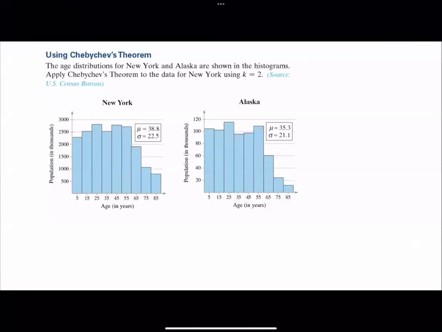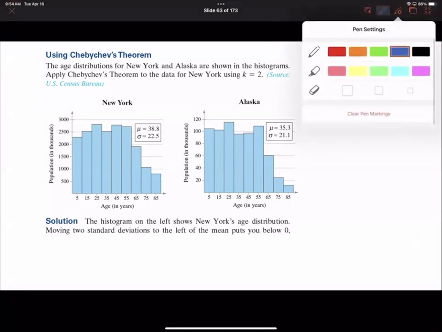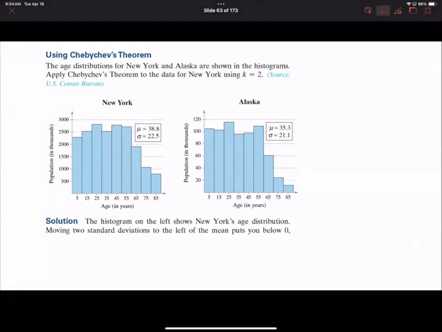As you can see, these two data sets are not normally distributed. The mean of the population and standard deviation of the population for New York and Alaska are approximately given to us. Let us apply the theorem. The histogram on the left-hand side shows New York's age distribution. Moving 2 standard deviations to the left, why 2? Because K is equal to 2.